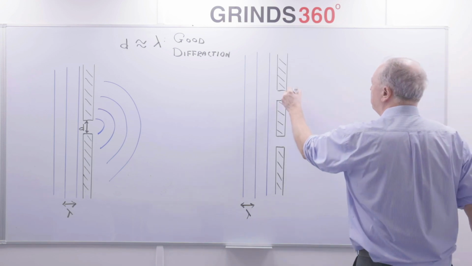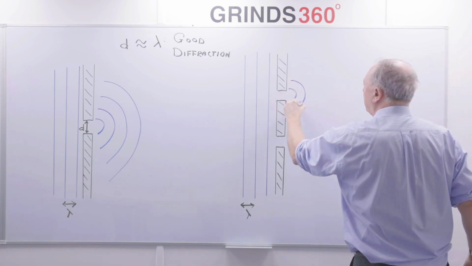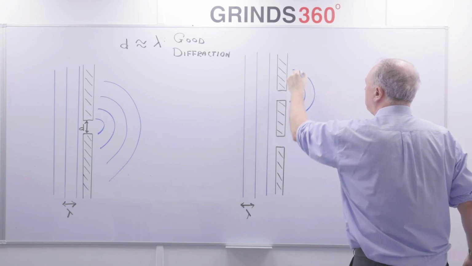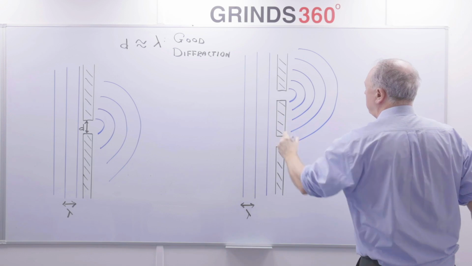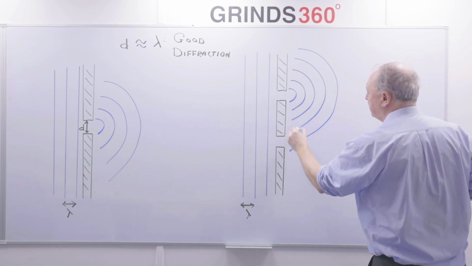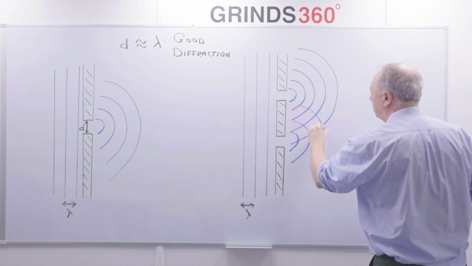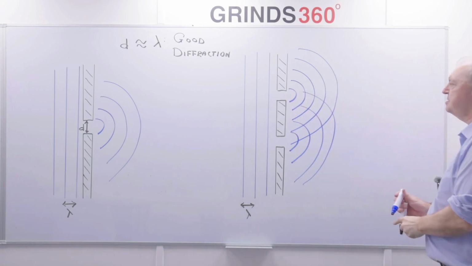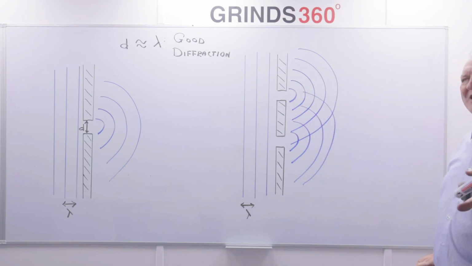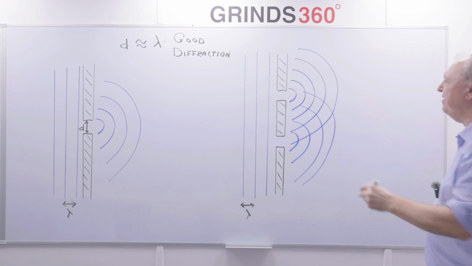So from the first gap, the waves are spread out into lovely circular waves. In the second gap, the same thing happens. Lovely circular waves. Those two gaps are actually the sources of the same kinds of waves.